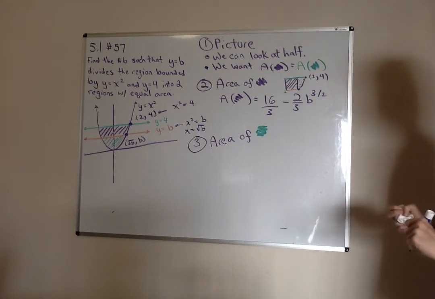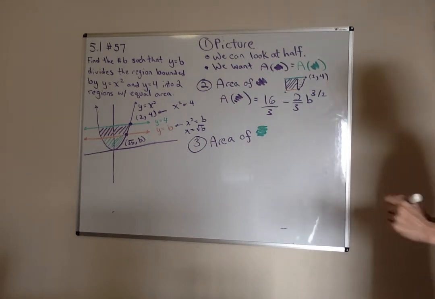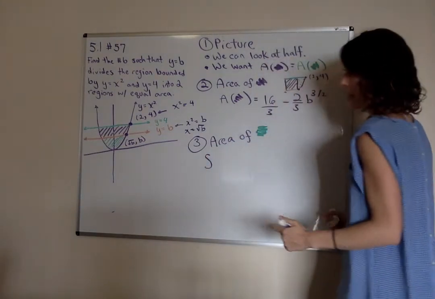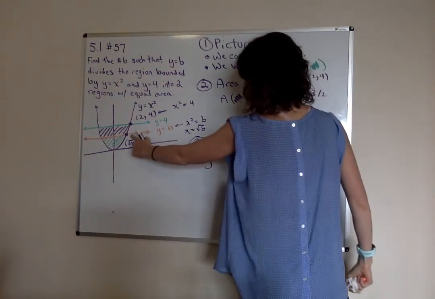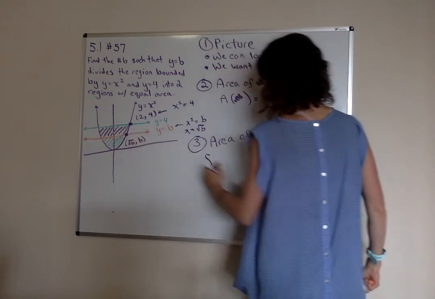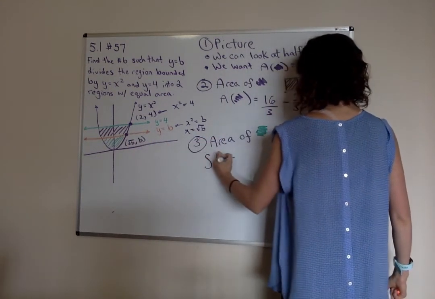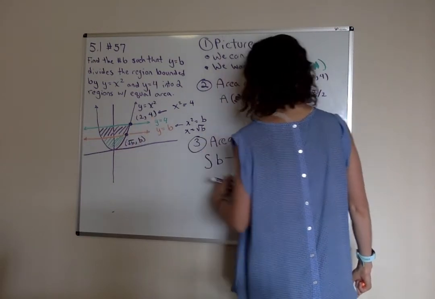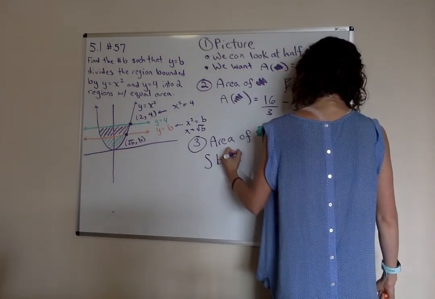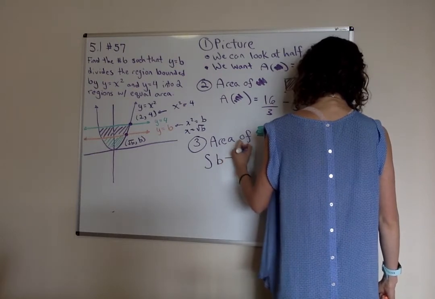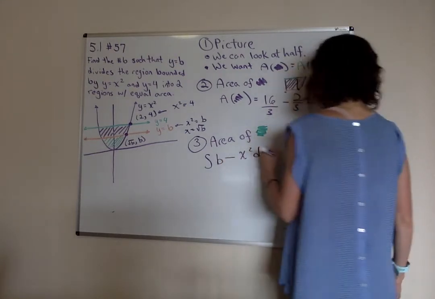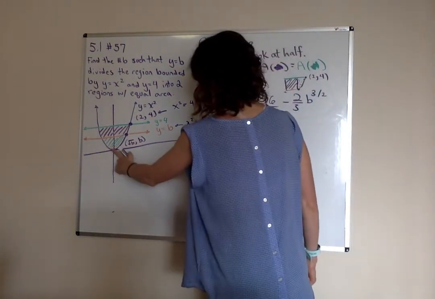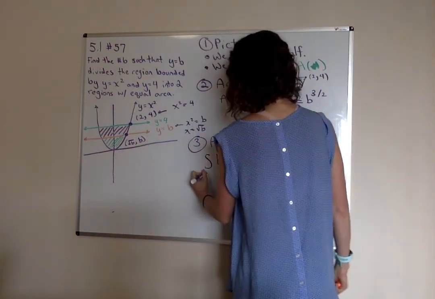To find the area of the green region, I'm going to take the integral, and the top function for the green region is the orange function. So I have b minus the bottom function, which is y equals x squared. The boundaries on my integration are the x values, so I'm starting at 0 and ending at the square root of b.